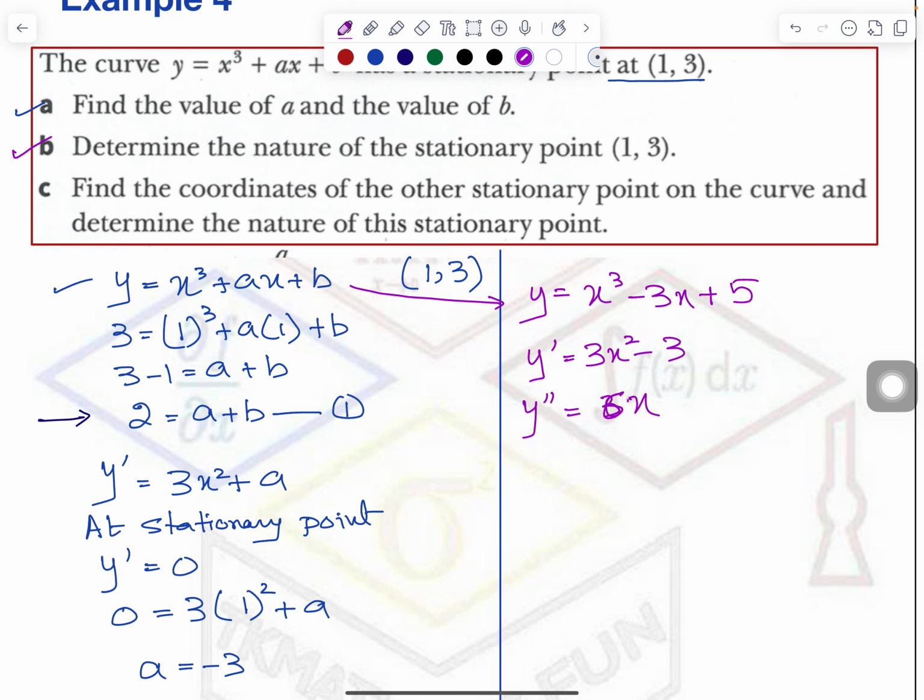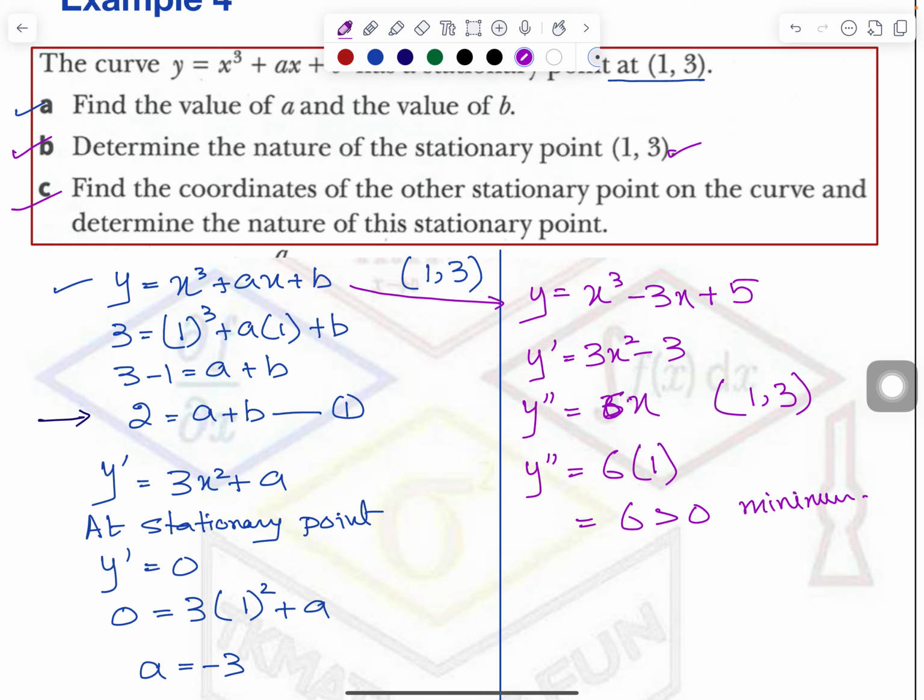The nature. Now this point is given to you, so at this point I have to find out the nature. So I will substitute the value of x, which is 1, here. And I got what? +6. When the second derivative is greater than 0, it means it is a minimum.